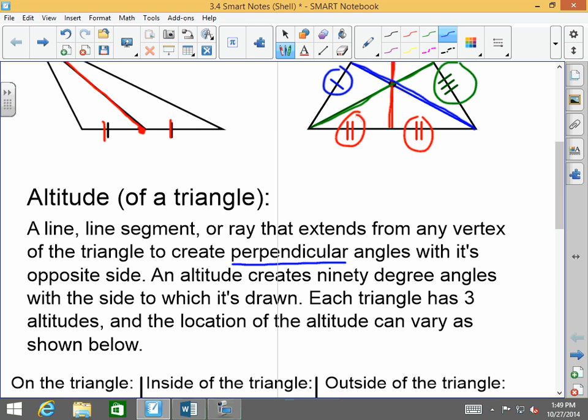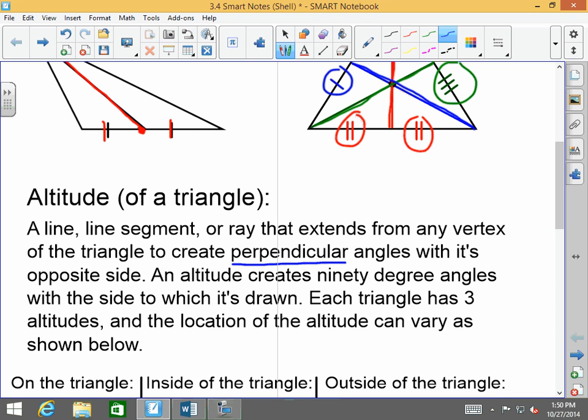So medians and altitudes are working with the opposite side from the vertex that the median or altitude was generated. An altitude creates, since it's perpendicular, 90-degree angles with the side to which it is drawn. And just like a median, each triangle can potentially have three altitudes.